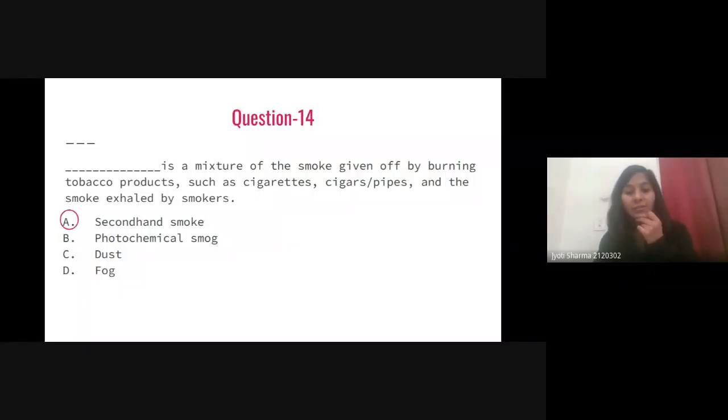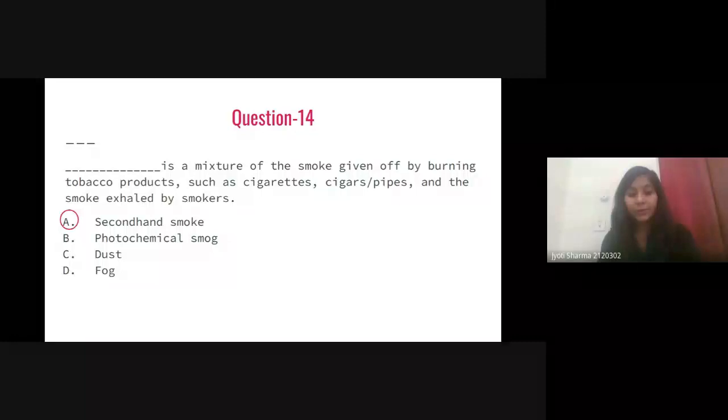So this is very dangerous, and there are lots of studies saying that more than 200 gases are released by a cigarette after combustion. If you are having passive smoking, then more than an active smoker, you may have cancer-causing cells in your body.